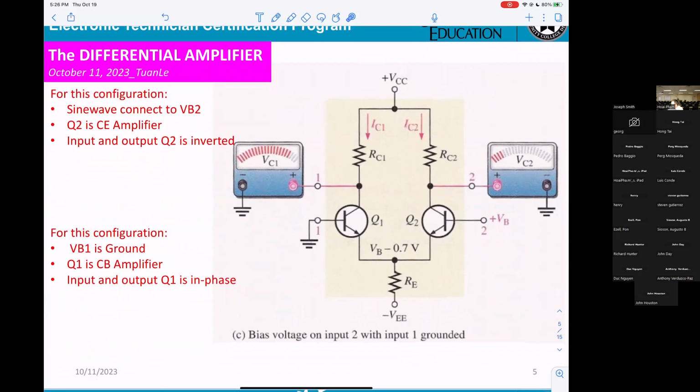Okay, let's see. Now the signal will be applied to Q2 and Q1 will be grounded. For this configuration, the signal connects sideways to VB2 here.